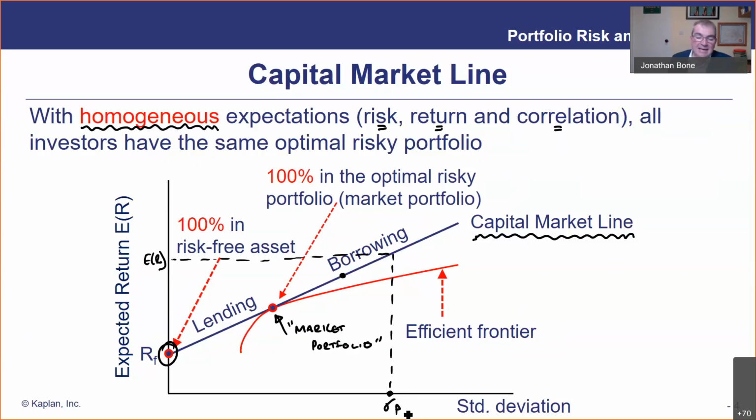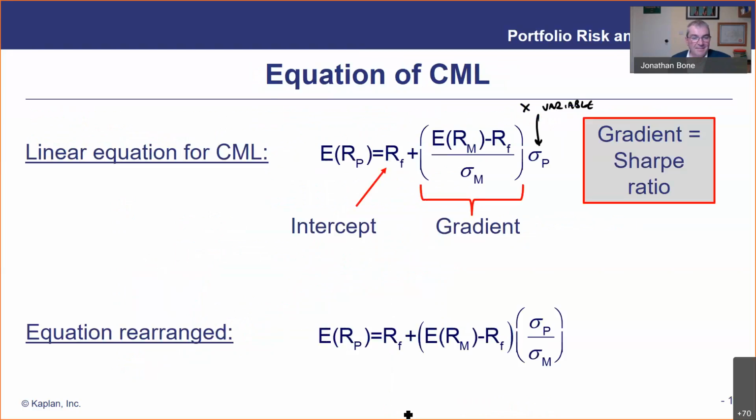So take a portfolio standard deviation and work out its expected return. So that capital market line, equation-wise, is just this: intercept risk-free rate, gradient Sharpe ratio, and of course, the value on our x-axis is our x variable there.